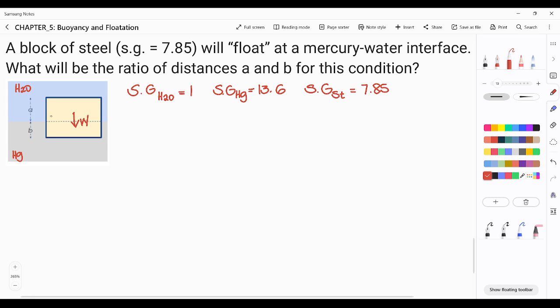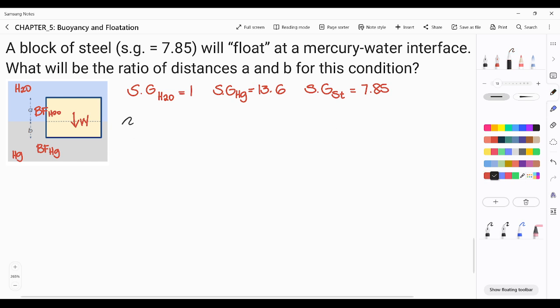Pero, dalawa yung fluid, and magkaiba yung specific gravity ng H2O and mercury. So, they will exert two different buoyant forces sa steel block, the buoyant force for H2O and the buoyant force for mercury.